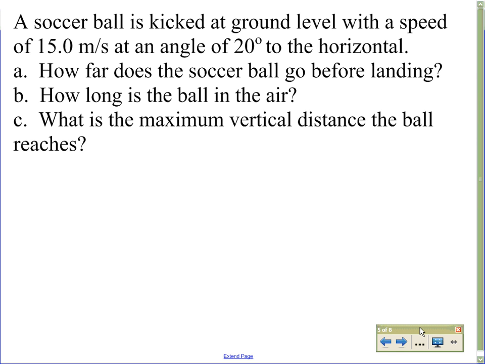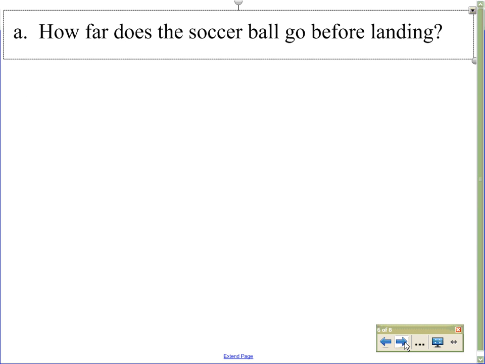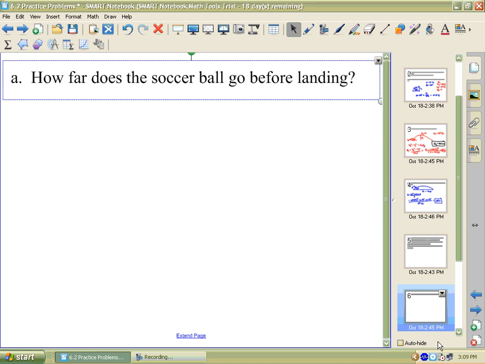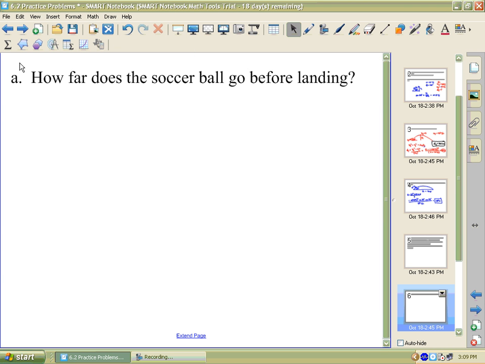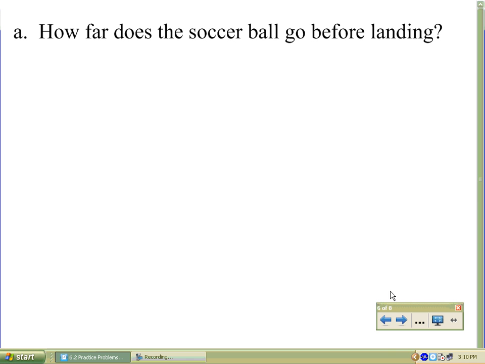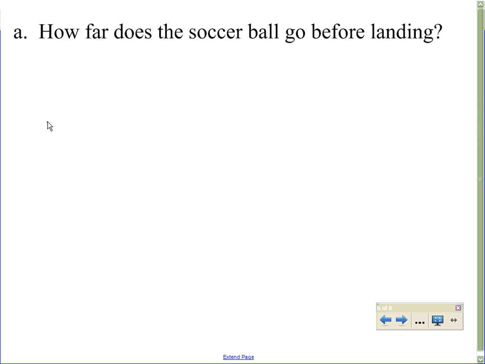So, part A, how far does the ball go before landing? Our soccer ball has a velocity of 15 meters per second.